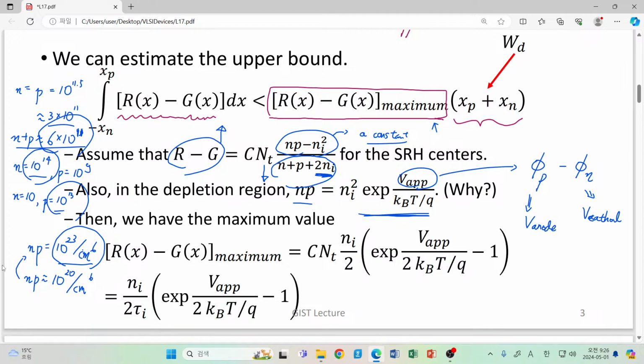So simply speaking, in order to maximize this recombination rate, we must find out where electron density and hole density are balanced.